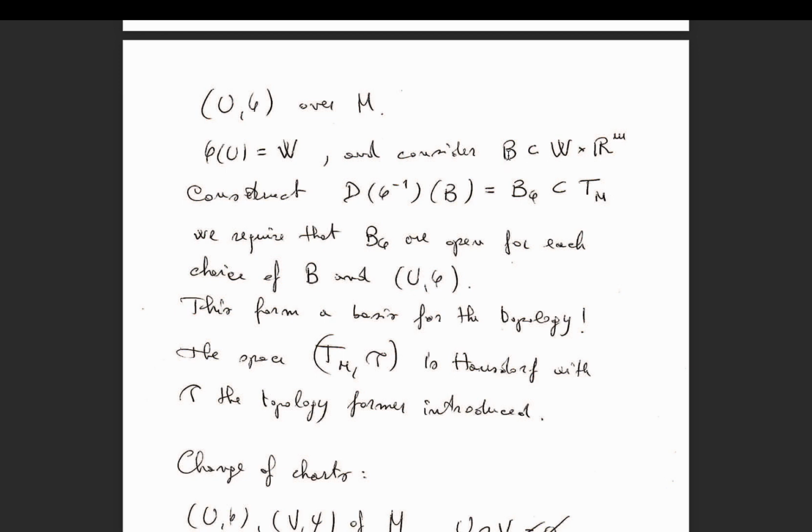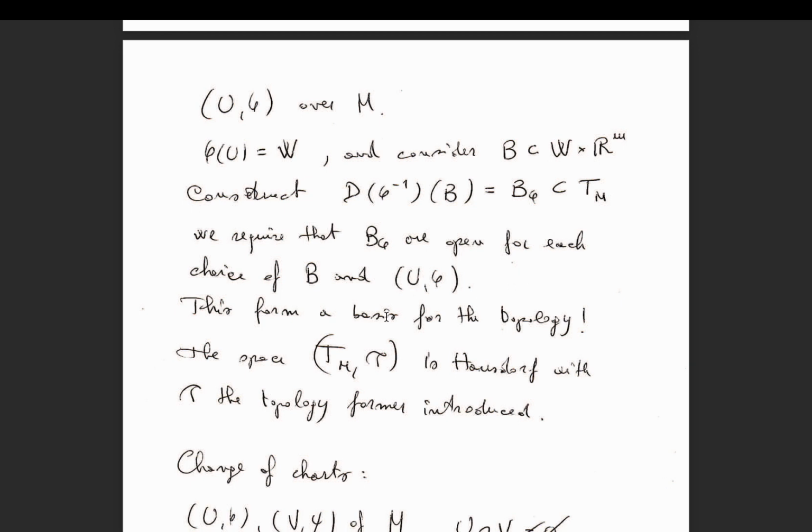Let's call this B. Then we can construct the map Dφ to the minus 1. But Dφ to the minus 1, when applied to B, gives another set B_φ contained inside the tangent bundle. And we require that these B_φ are actually open sets.